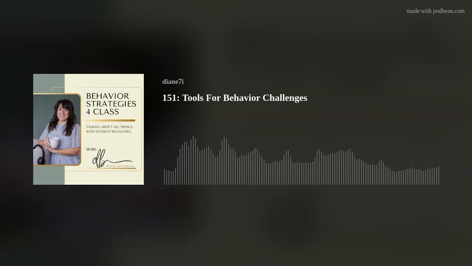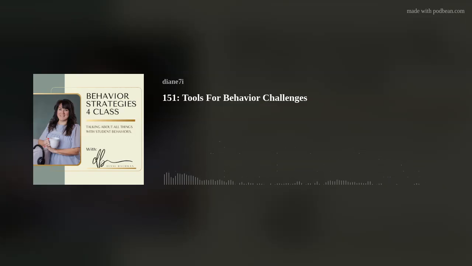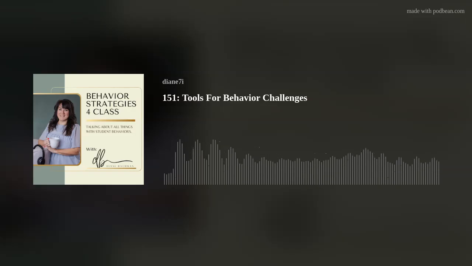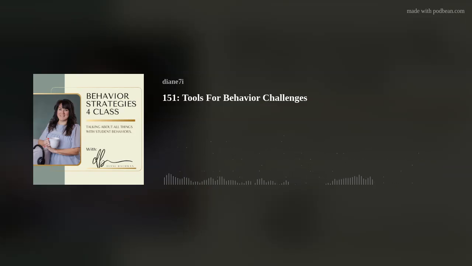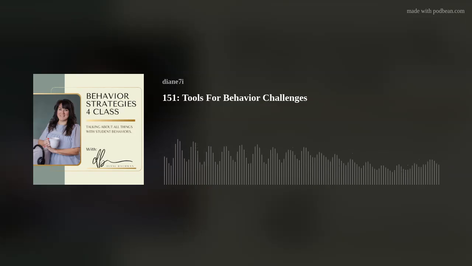Number 6, another behavior tool for the class as a whole, is marble jars. I've seen classes where they earn marbles. Everybody's turned in their homework on time. Everybody has the supplies that they need. Everybody's followed the directions.